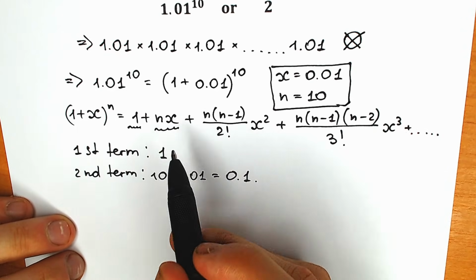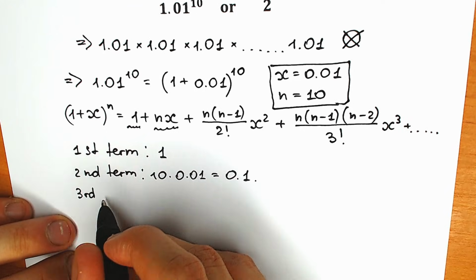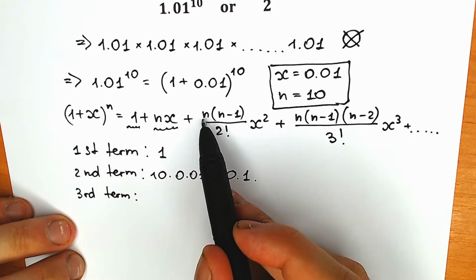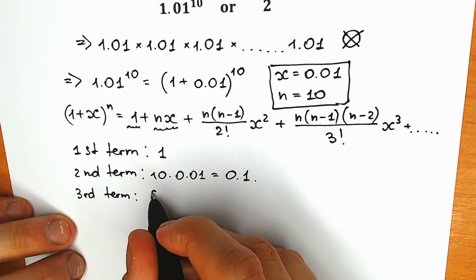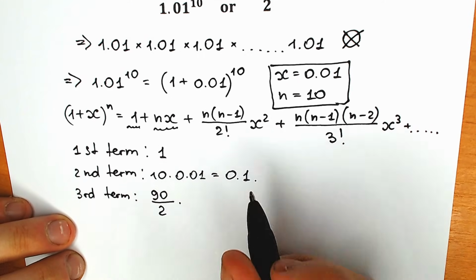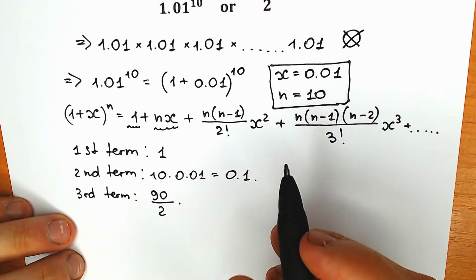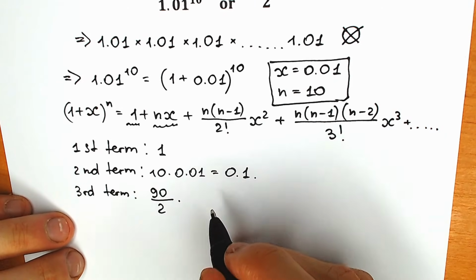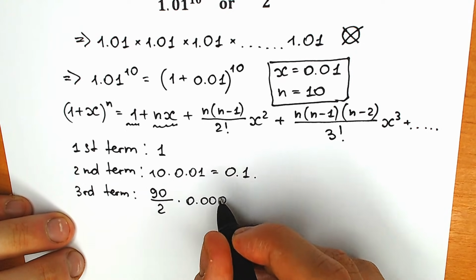Right now, let's find our third term. When we plug in 10 right here, we have 10 times 10 minus 1, which is 9, so we have 90 over 2 factorial, which equals 2, times x squared, which is 0.01 to the power 2. We multiply 0.01 by itself, and as a result we have 0.0001.